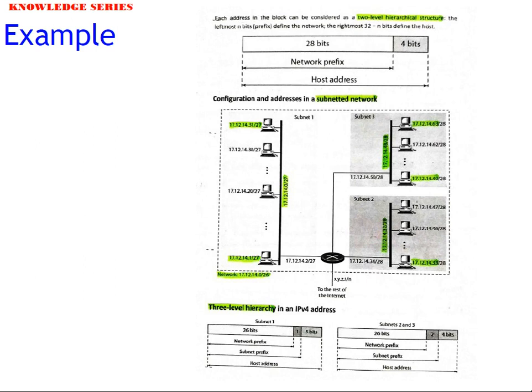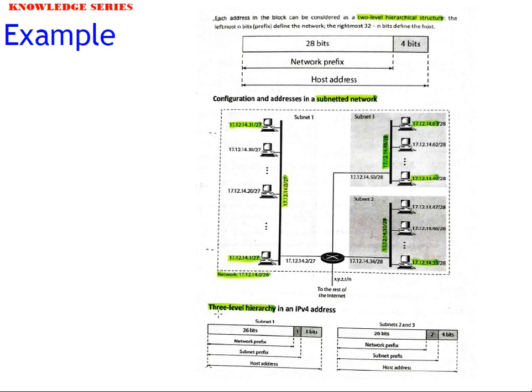Like that you can identify here also. Here it is a 28. 28 means 32 minus 28 is 4. That means you are having 16 different combinations across these particular sections. Similarly you can try to see this distribution. Every distribution is being shown here.